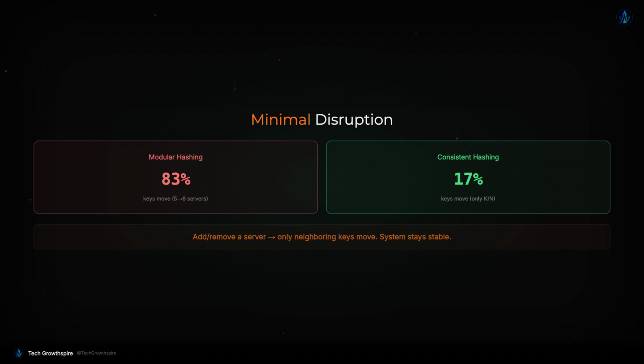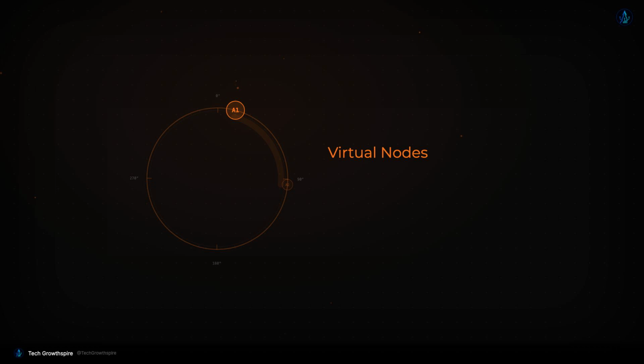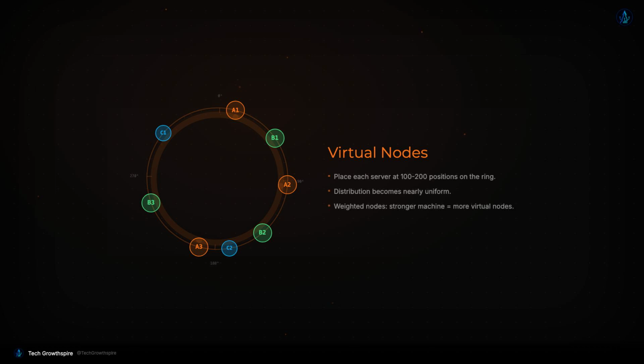But there's a problem with basic consistent hashing. If you only place each server at one point on the ring, you'll get uneven distribution. Some servers might end up close together, handling very few keys, while others get a huge arc of the ring. This is especially bad with small numbers of servers. The solution is virtual nodes. Instead of placing each server at one position, you place it at many positions, typically 100 to 200 virtual nodes per physical server.